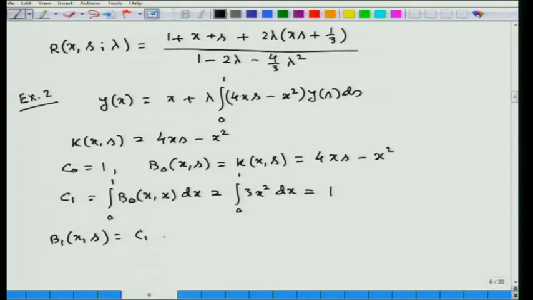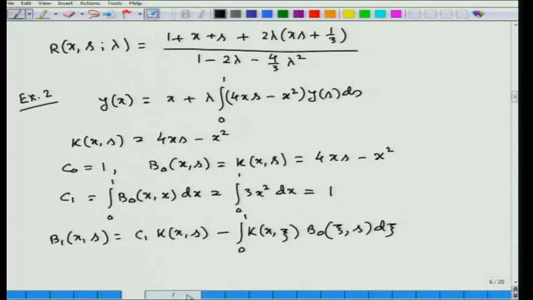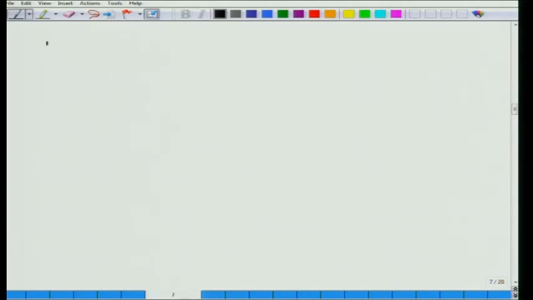Next, we can calculate B1(x, s). B1(x, s), as per definition, is C1 K(x, s) minus integral 0 to 1 K(x, xi) multiplied with B0(xi, s) d xi. Substituting, we find B1(x, s) is equal to 4xs minus x square, because C1 equals 1.